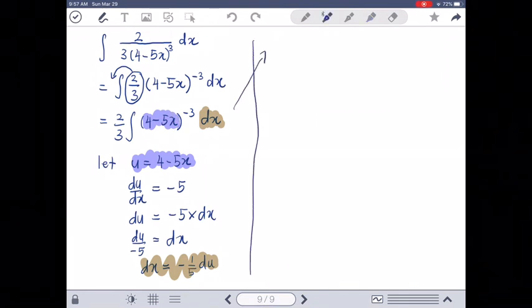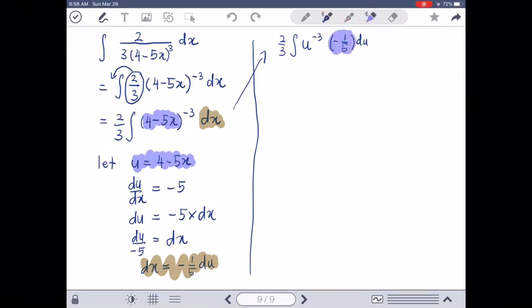So we will have 2 over 3 times integration of u to the power of negative 3 times dx is negative 1 over 5 du. So again, this is a constant.